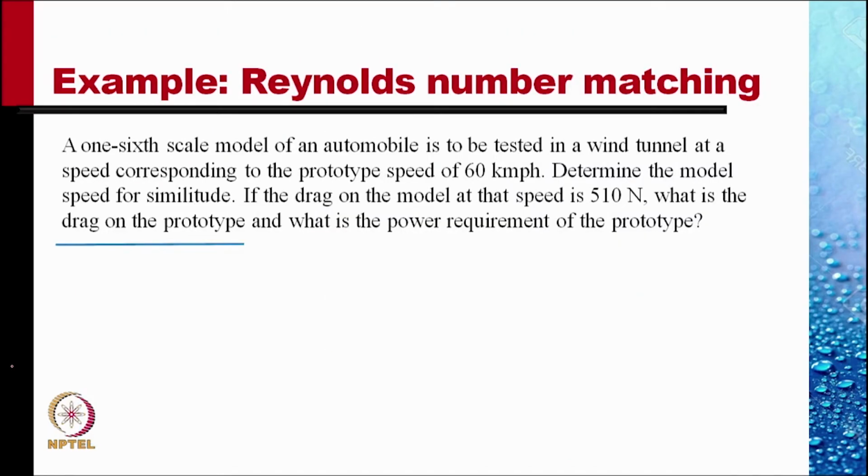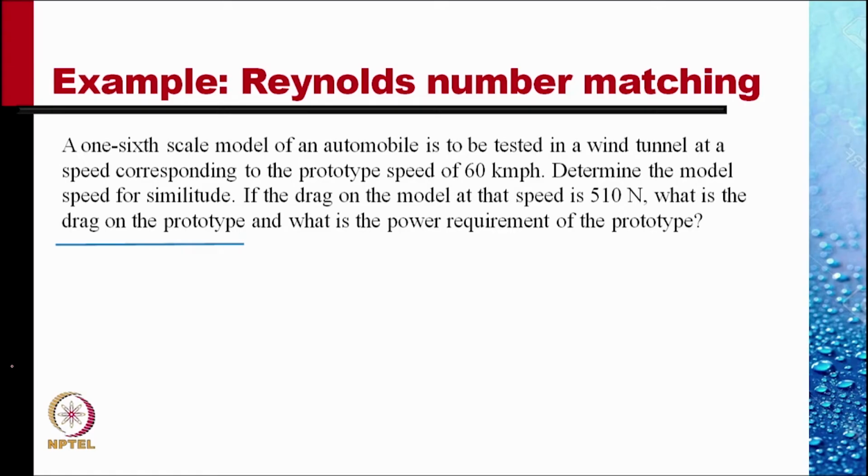A 1/6 scale model of an automobile is to be tested in a wind tunnel at a speed corresponding to the prototype speed of 60 kilometers per hour. Determine the model speed required for similitude. If the drag on the model at that speed is 510 Newton, what is the drag expected on the prototype, and what is the power requirement of the prototype?